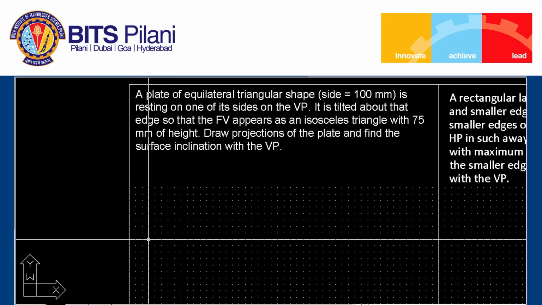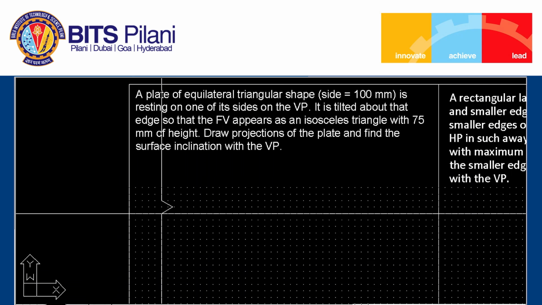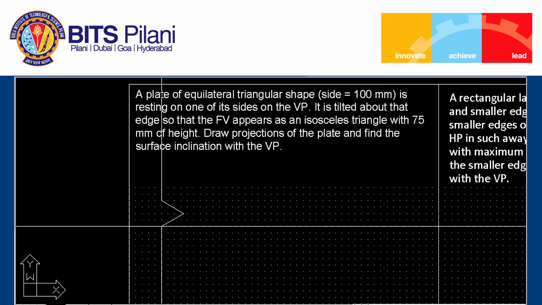In the top view, we can see the line view for the plane, and it is resting on one of its edges. So that edge we will keep perpendicular to the XY line. This is a plane, and we can draw the projection for the plane.